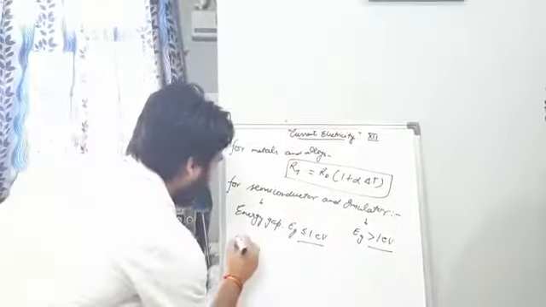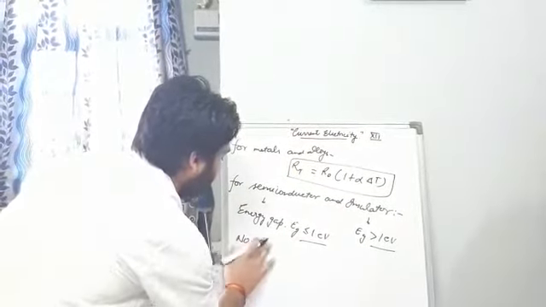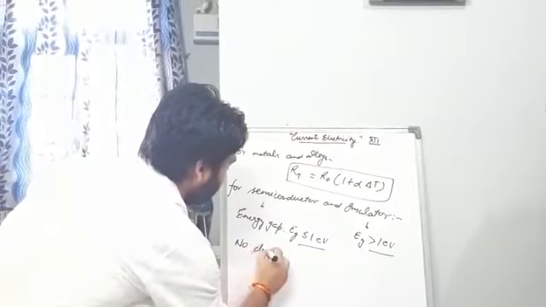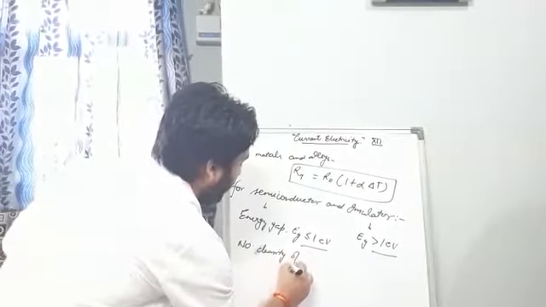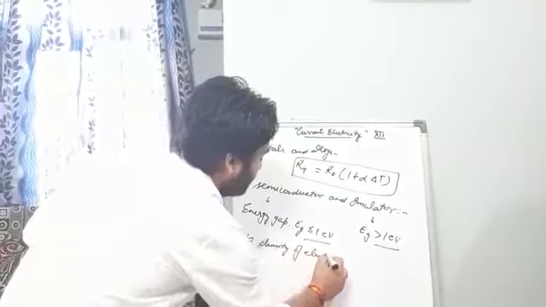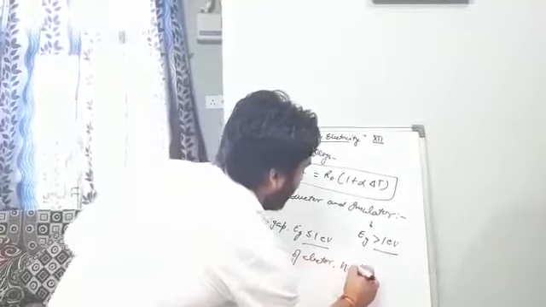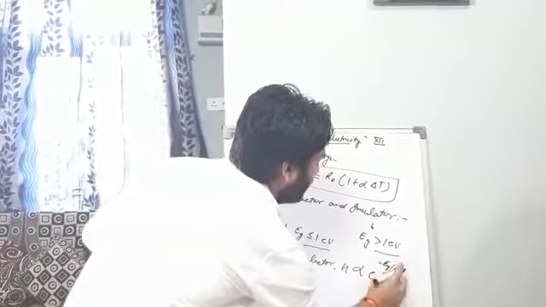So the number density of electrons, N, is directly proportional to e^(-Eg/kT).